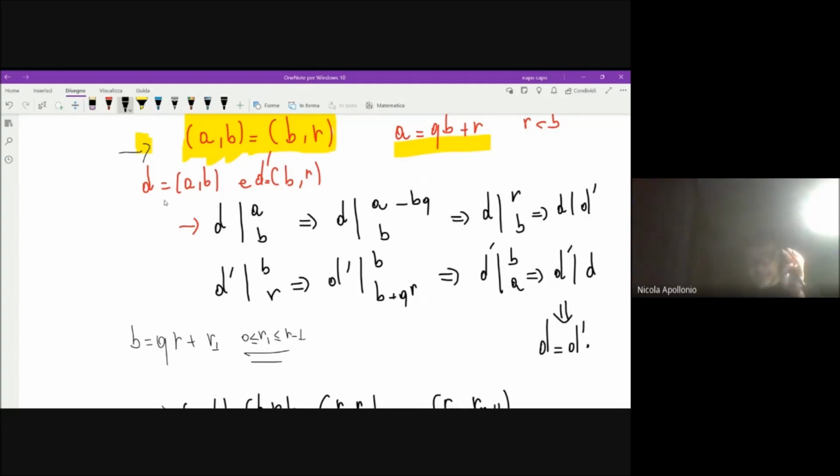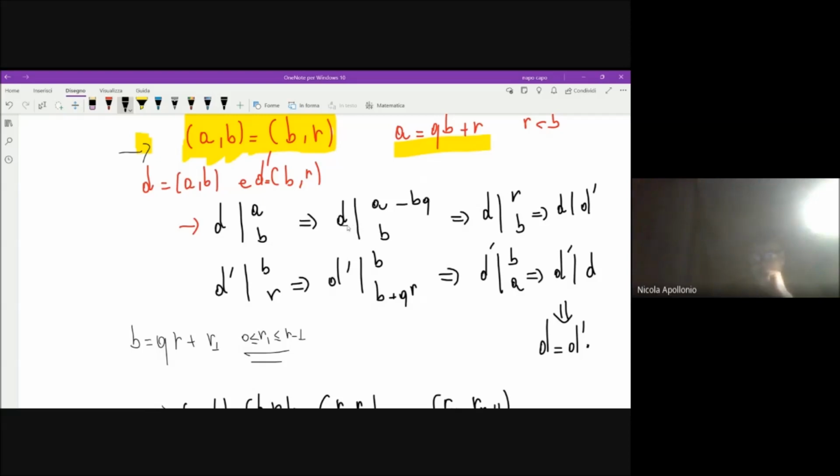So let us start with the greatest common divisor of A and B. So D divides both A and B. If D divides A and B, D divides any integer linear combination of A and B. We saw this fact.